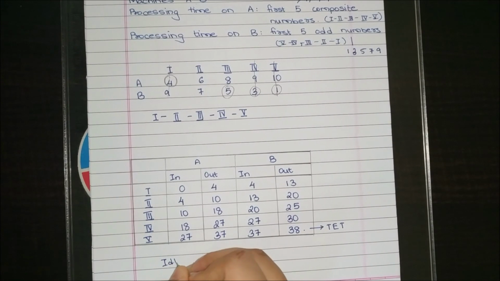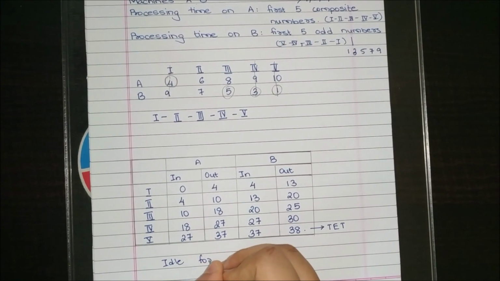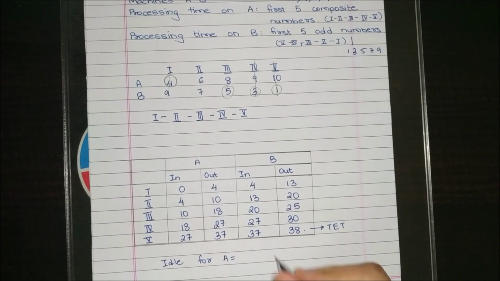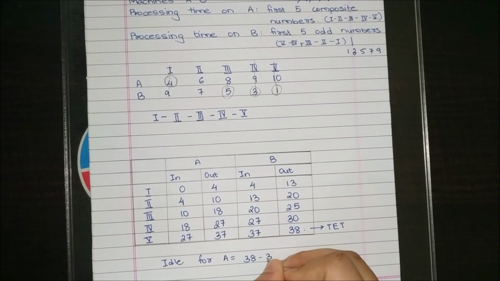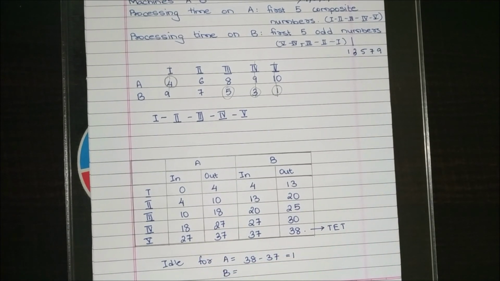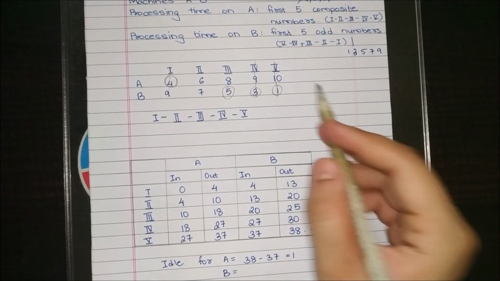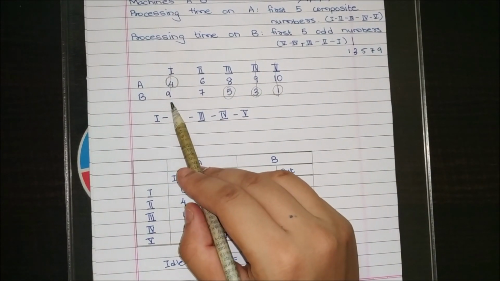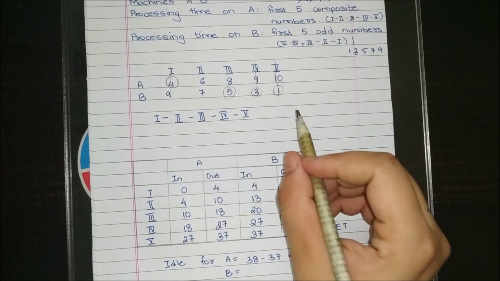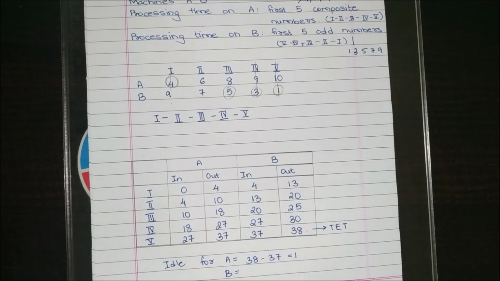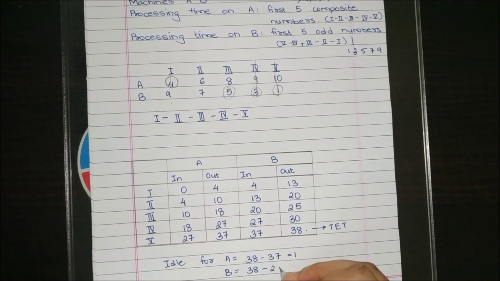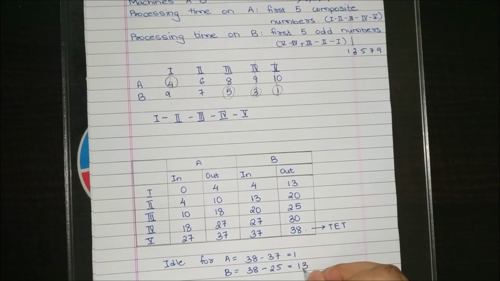So idle time for A is equal to 38 minus 37, which is 1, and idle time for B is equal to, we will have to add. So for that you have to do 1 plus 9 is 10, plus 10, which is 20, and 25. So this is 38 minus 25, which is equal to 13.